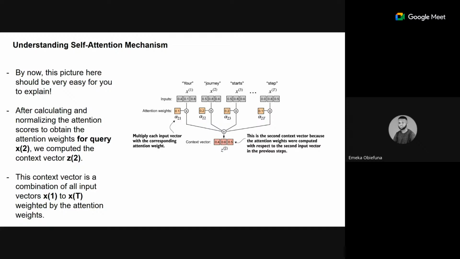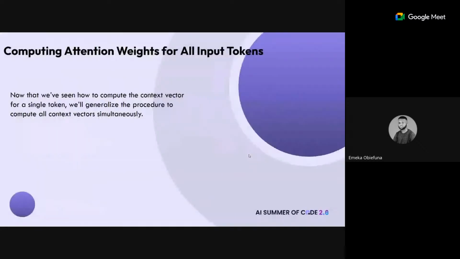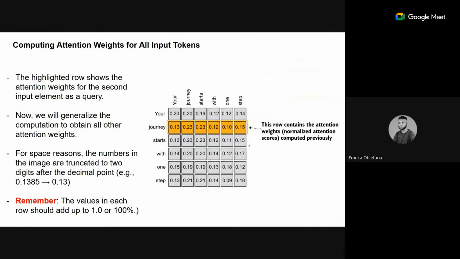So everything we've been doing so far, we've made Johnny the center of attention. But what if we want to get the context vector of the first input token, the second one, the third one, for every element that we have in our input sequence? We are going to look at how to do that using the concept that we've learned so far.